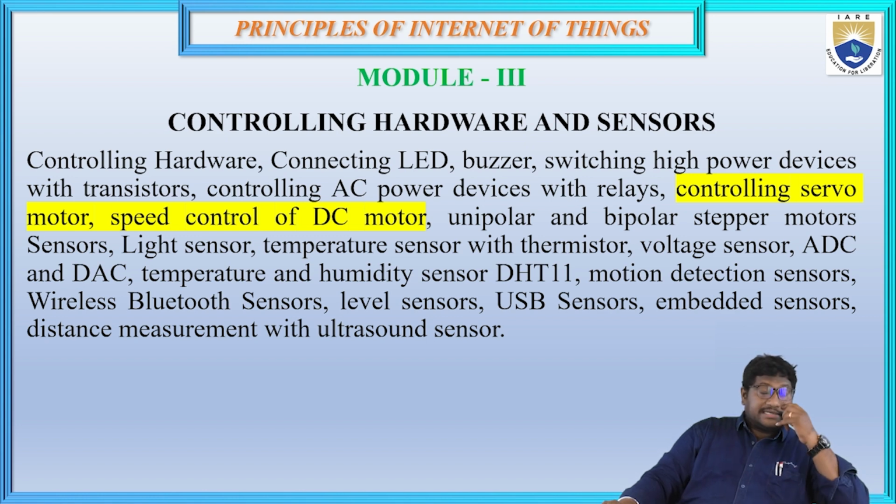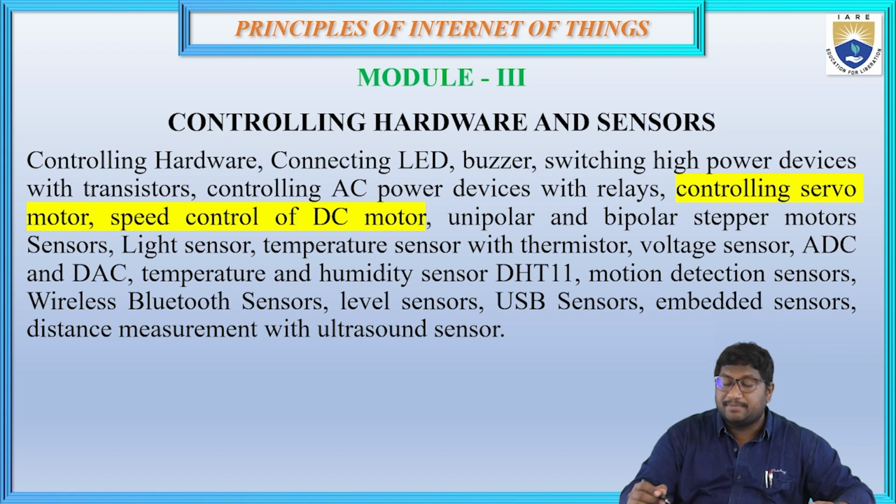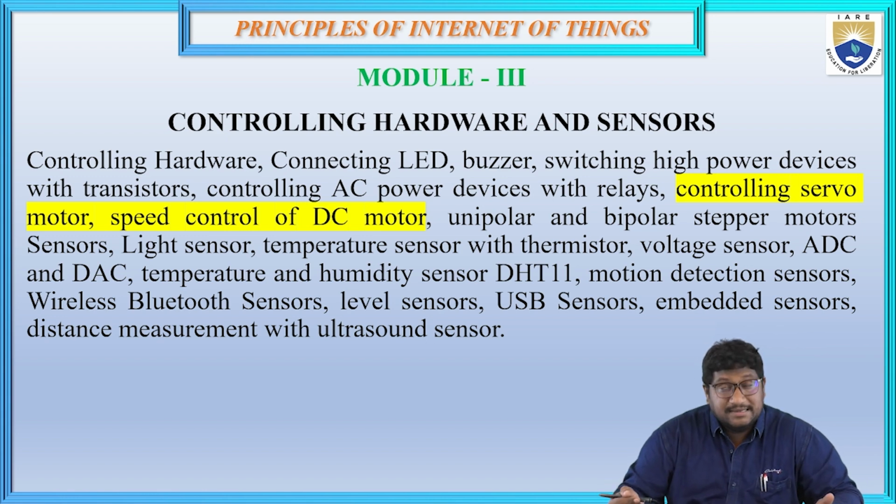Coming to today's topics, controlling servo motor and speed control of DC motor, these two topics come under controlling hardware. After successful completion of these, we are going to discuss multiple sensors such as unipolar and bipolar stepper motors, light sensors, temperature sensors, thermistors, and voltage sensors, which are used for ADC and DAC.